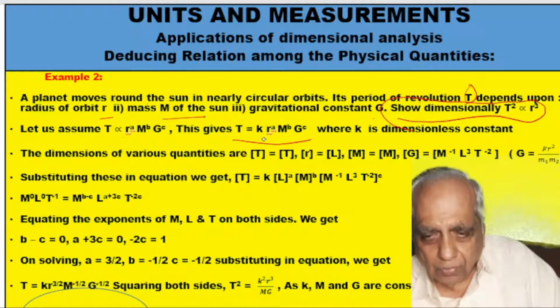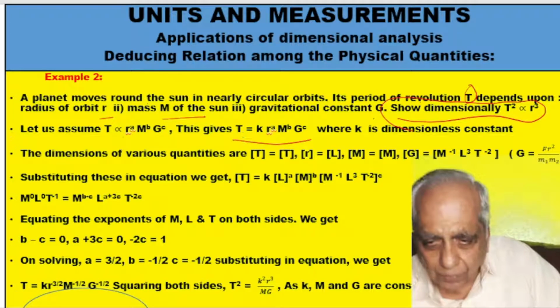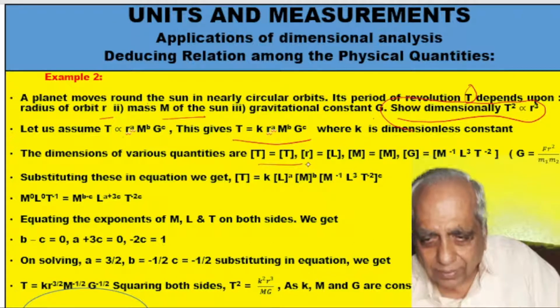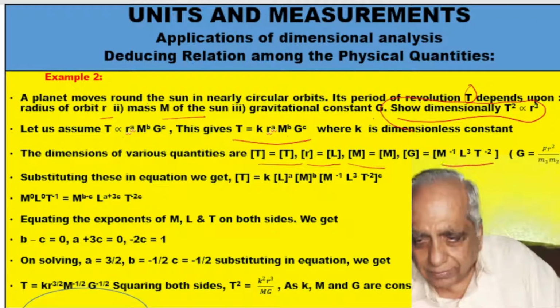Now we will equate the indices or dimensions on both sides. First, here there is a capital T, so it is T. R is measured in terms of L, so R is L. Mass is M. G has got these dimensions because G is equal to this, which we had calculated in some example.